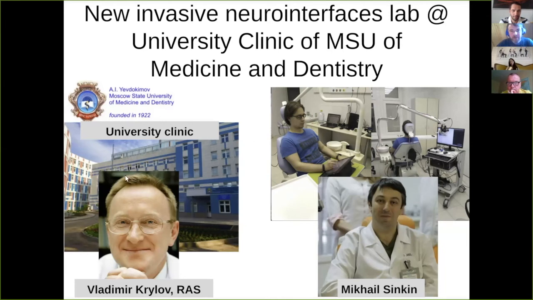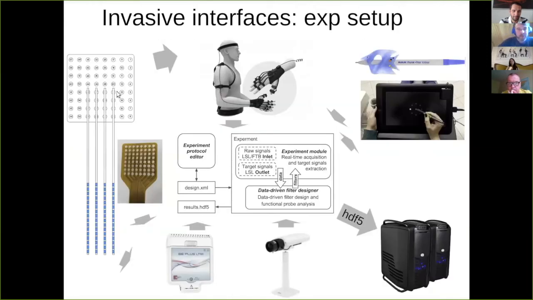So we made a partnership with the University Clinic of Moscow State University of Medicine and Dentistry, together with academician Vladimir Krylov and Dr. Mikhail Sinkin, who has access to patients who have ECoG, electrocorticographic grids, implanted into the motor cortices for purely medical reasons, for localization of the eloquent cortex, so cortical regions which cannot be removed during the surgery, or for localizing the seizure onset zones.